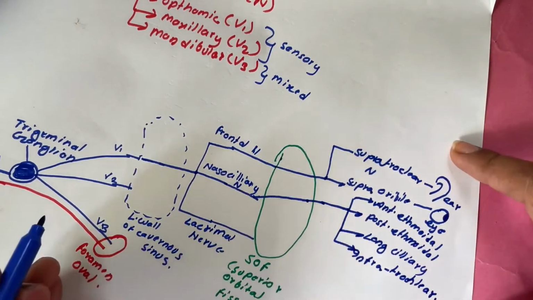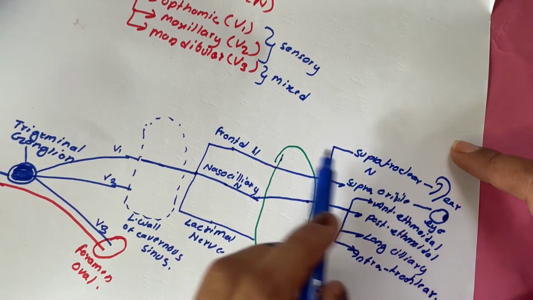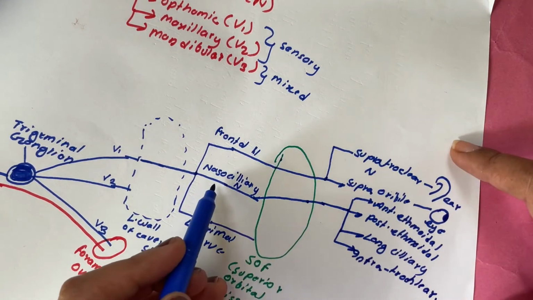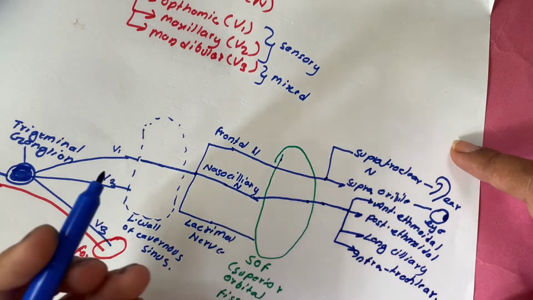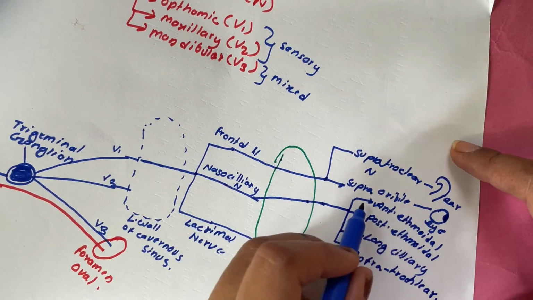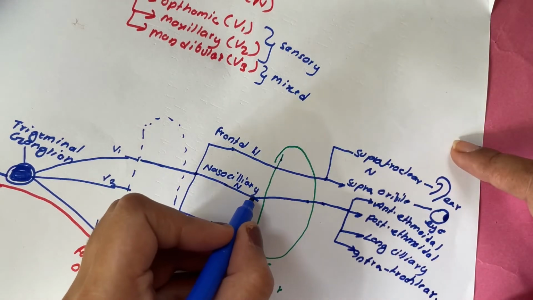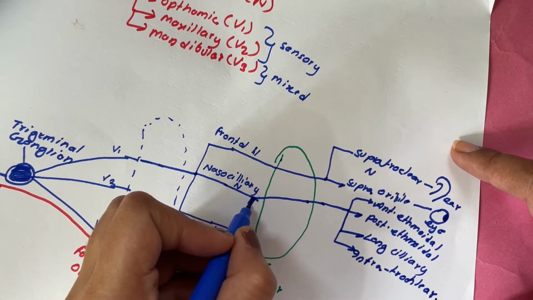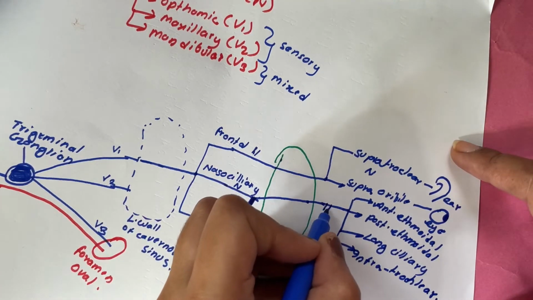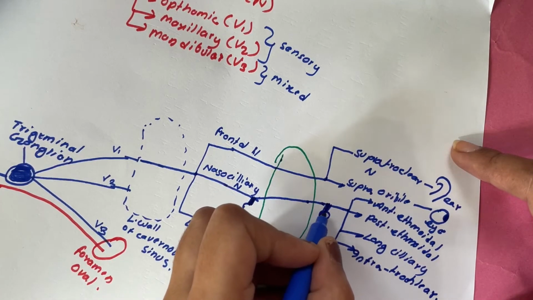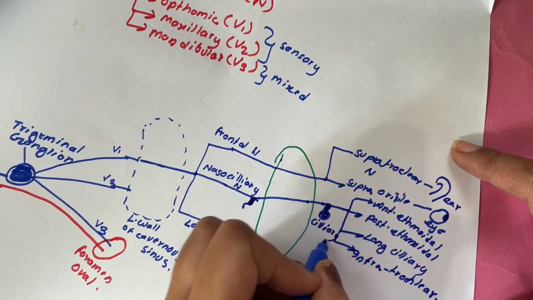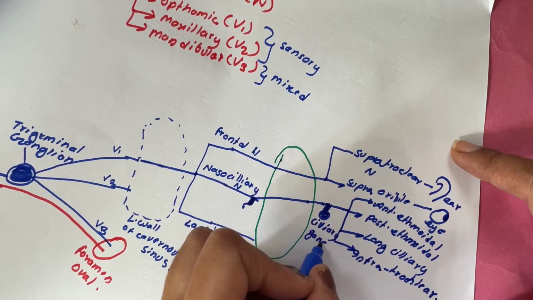That means supratrochlear is the branch of the frontal nerve, while infratrochlear is the branch of the nasociliary. And before it gives the 4 branches, it makes one ganglion, also called the ciliary ganglion.